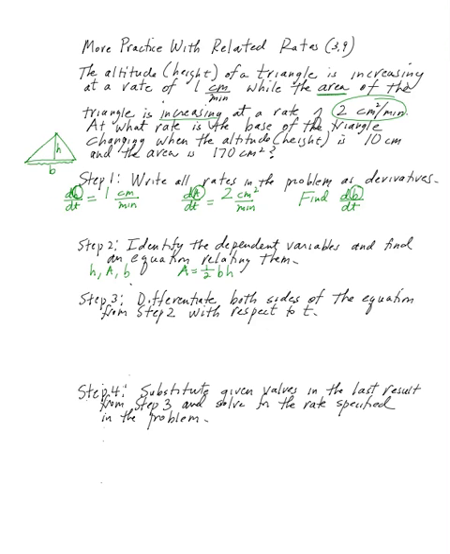Step 3. Differentiate both sides of area equals 1/2 base times height with respect to t. Neither of these quantities, area, base, or height, is constant. The area is changing over time. It's not constant. Same for the base and the height.